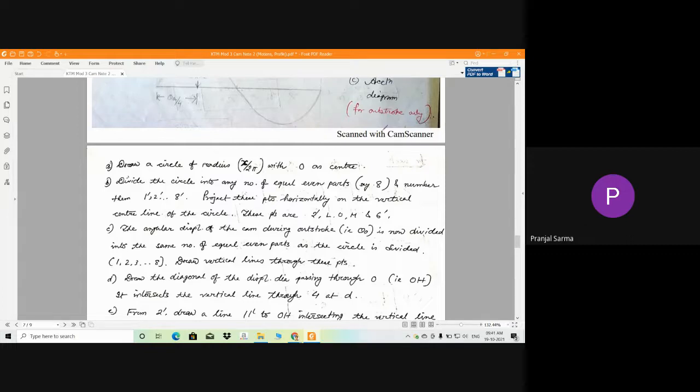Similarly, if you rotate to different locations and you know the lift, that means you know the position of the follower, and there itself at the end of the follower is the profile of the cam. So if you connect all the dots, you are going to obtain the cam profile.